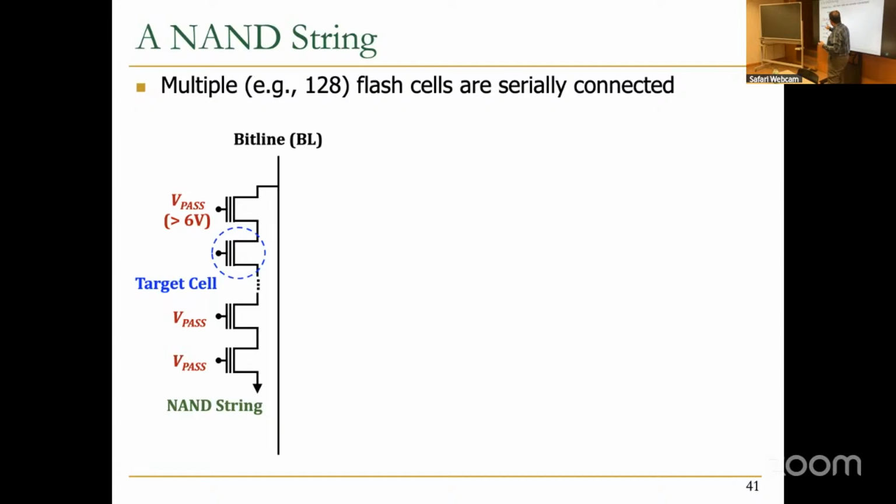If this cell is on, then you have your full connection, and you will encode it as one. If this cell is not on, so everything is on but this one is an open switch, then your connection to the ground is not happening, and you can encode it as 0, for example.